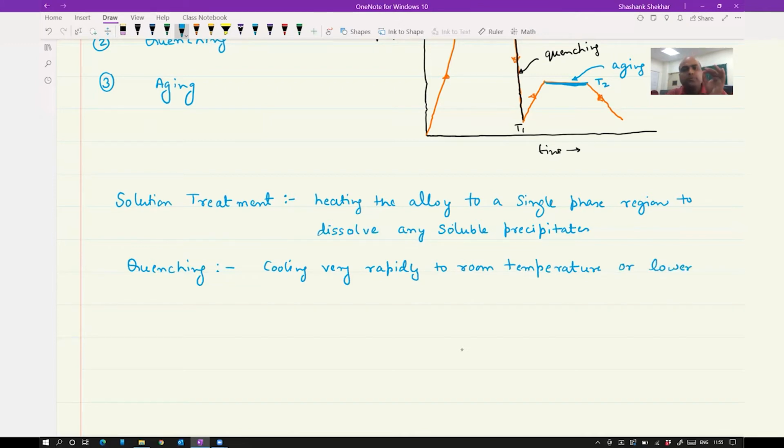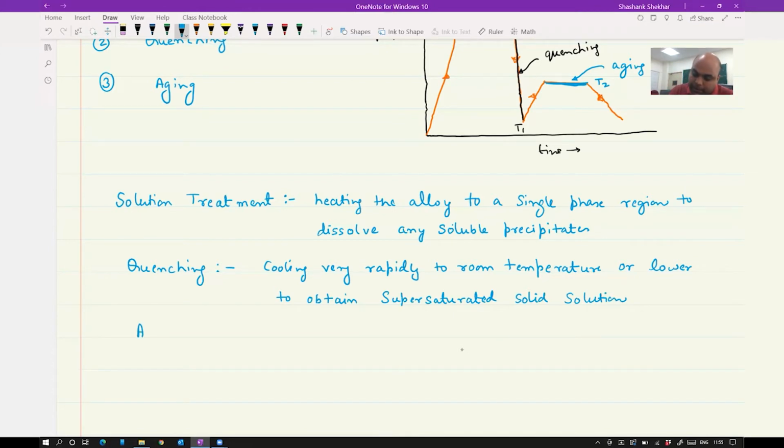So to room temperature or a slightly lower temperature so that we can obtain a supersaturated solid solution. Okay, and the last one is aging.